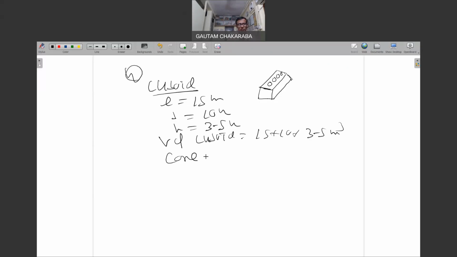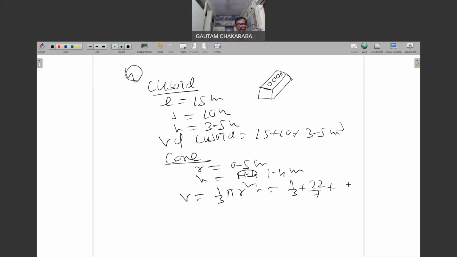Now cone: radius is equal to 0.5 centimeter, height is equal to 1.4 centimeter. So volume is equal to 1 by 3 pi r square h. 1 by 3, 22 by 7, r is 0.5 into 0.5, cancel, and after that you calculate.